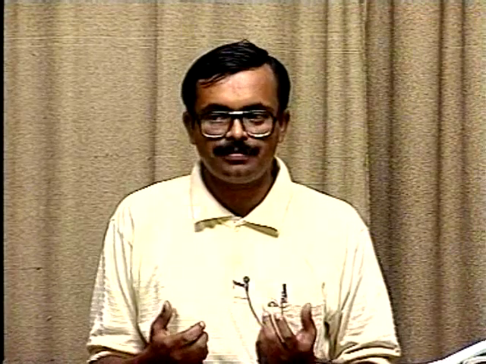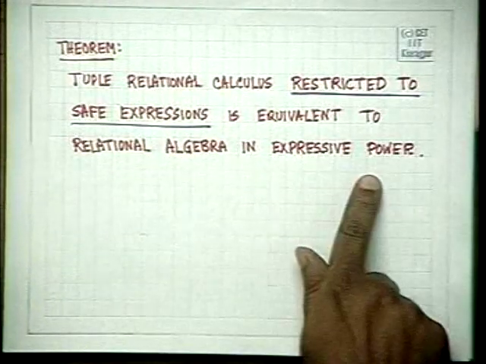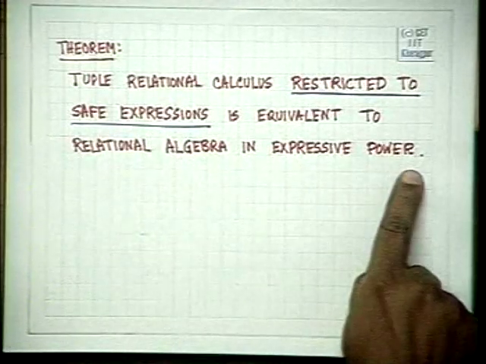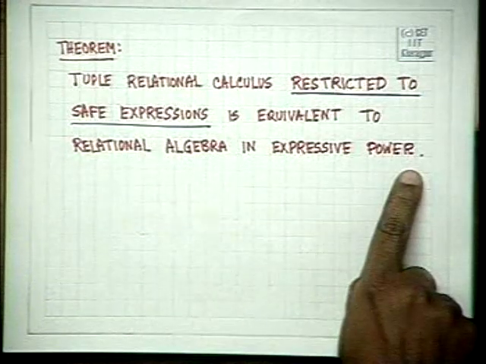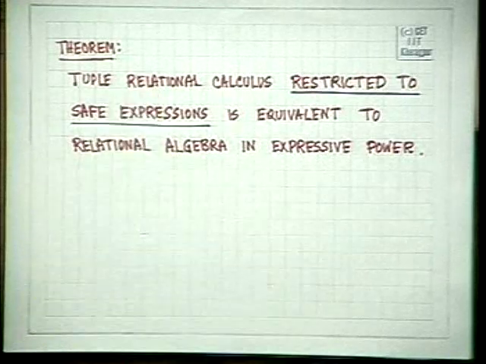If R1 is a relation formed out of some relational algebra expression, R2 is another expression formed out of relational algebra, and we combine them by the fundamental operations, then for each of these fundamental operations we produce a tuple relational calculus expression, and show that it is safe. Then for every expression in relational algebra we have an inductive proof that there is a safe tuple relational calculus expression.